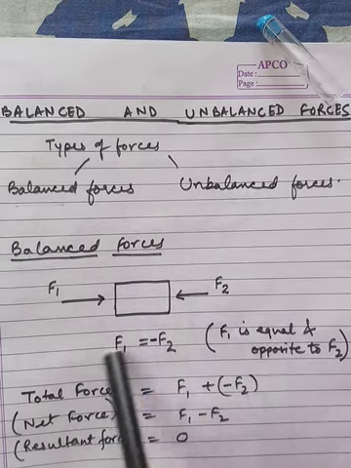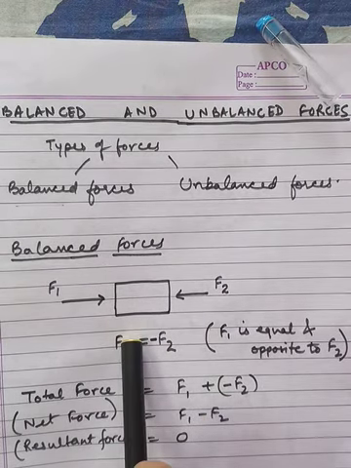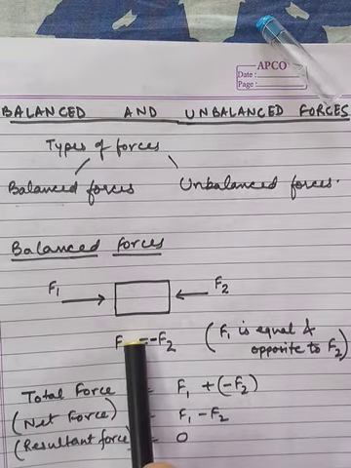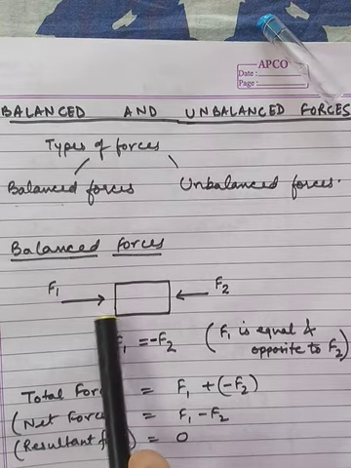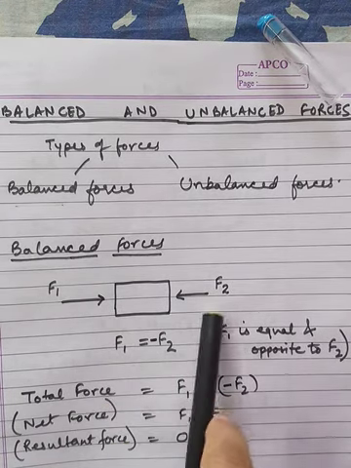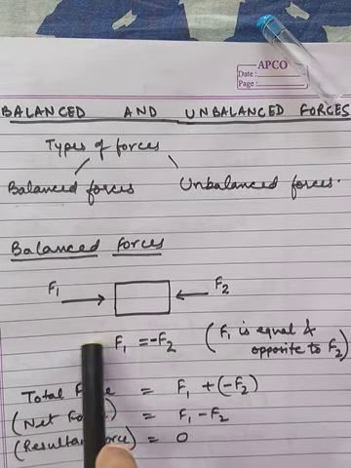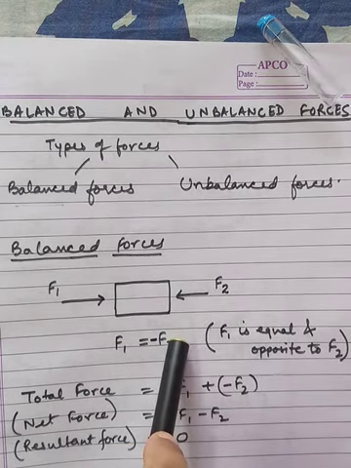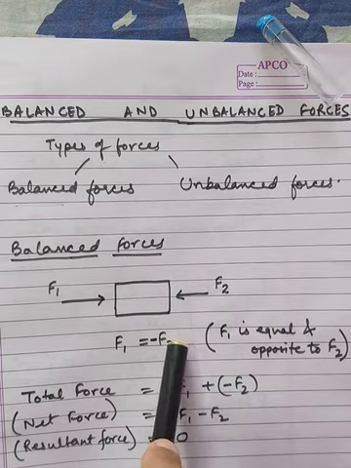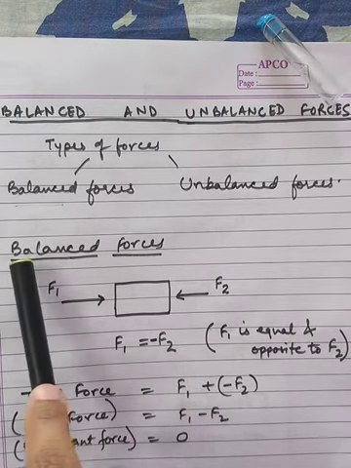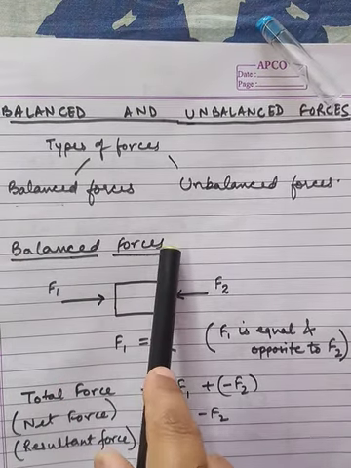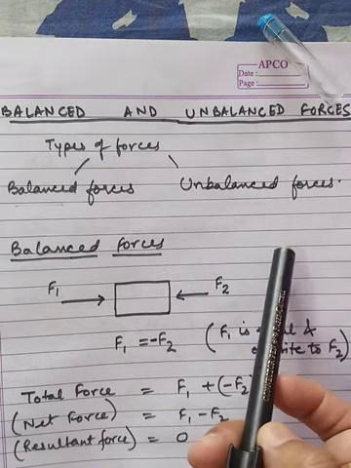So n number of forces we can consider acting on this box, and if the sum or the resultant of all the forces comes out to be 0, then all those forces are known as balanced forces because they are balancing each other.